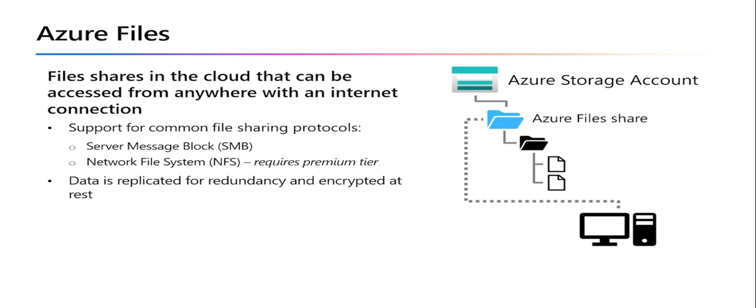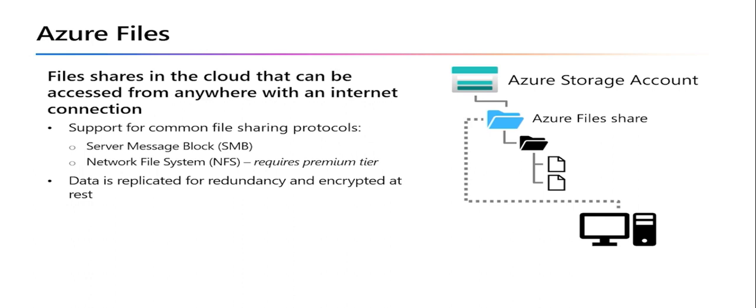The maximum size of a single file is 1 TB, but you can set quotas to limit the size of each share below this figure. Currently, Azure File Storage supports up to 2,000 concurrent connections per shared file. Azure Files supports two common network file sharing protocols.